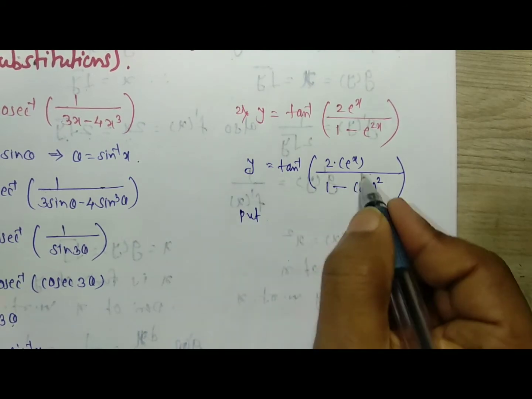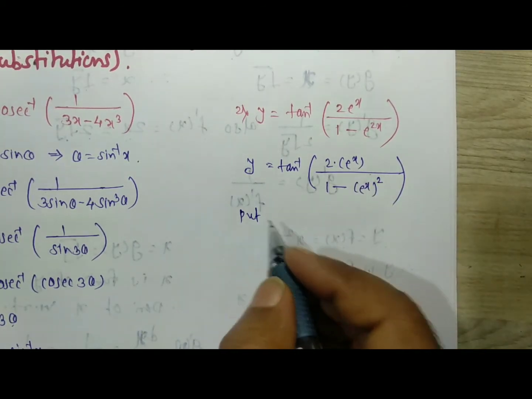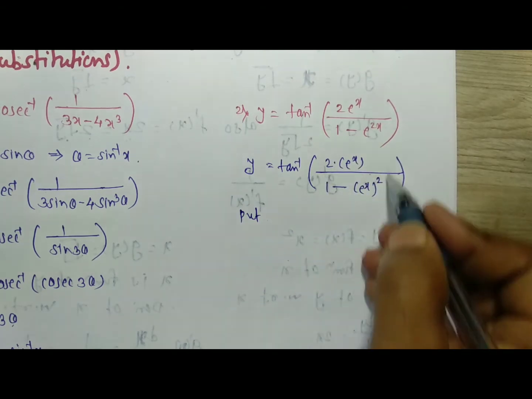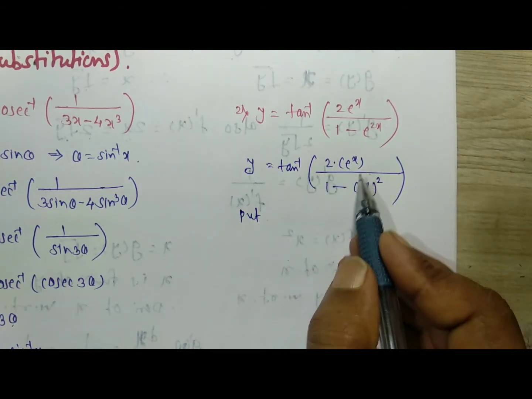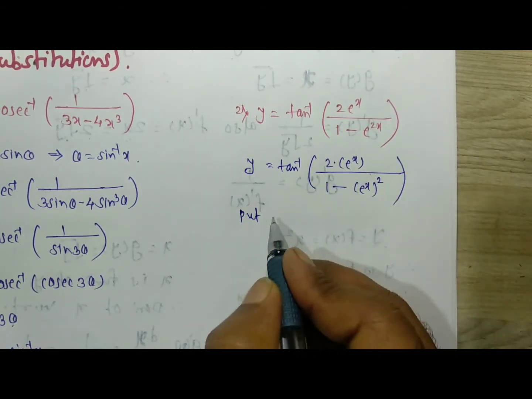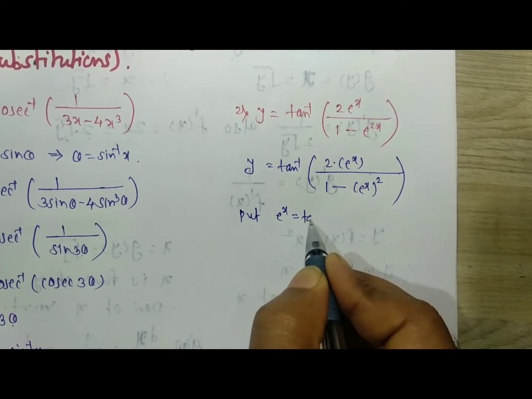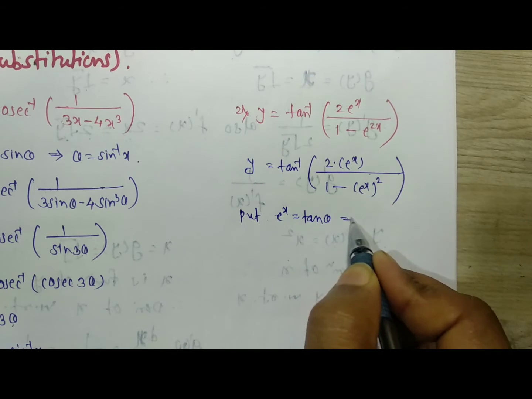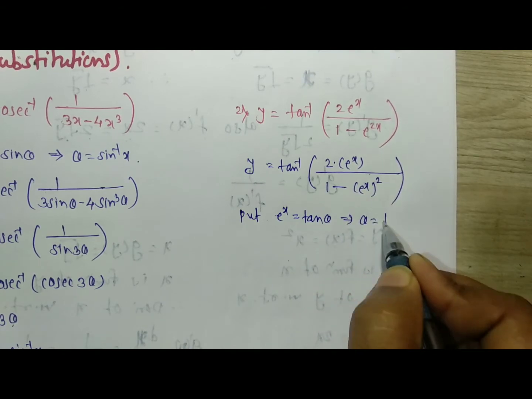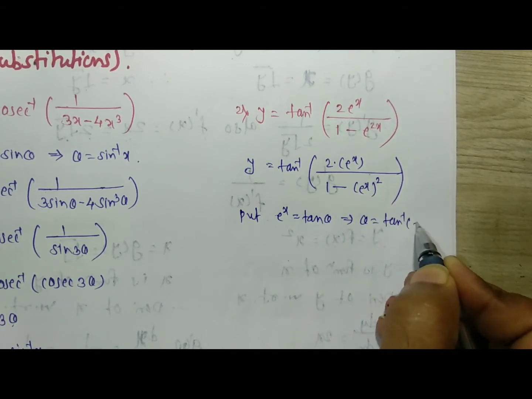We have to resemble the formula 2 tan theta divided by 1 minus tan square theta, and therefore we put e raised to x is equal to tan theta, and it implies that theta is equal to tan inverse e raised to x.